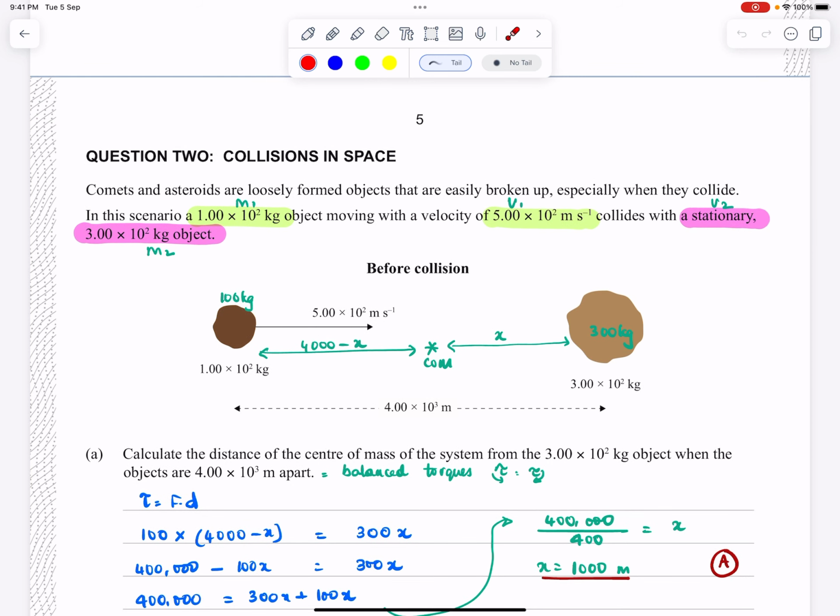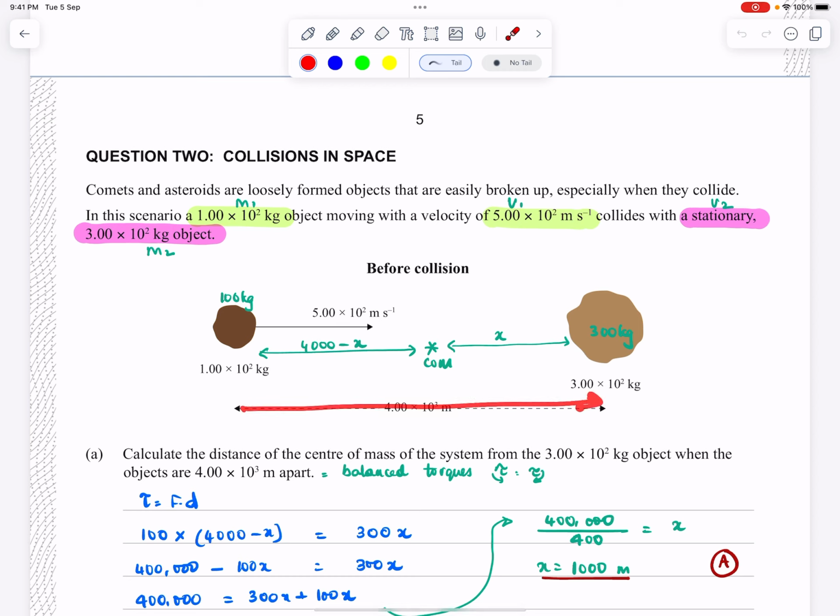Calculate the distance of the center of mass of the system from the 300 kilogram object when the objects are 4,000 meters apart. So this whole thing is 4,000 meters. Assuming this is the center of mass, all distances are from the center of mass, so that is your x, and this is 4,000 minus x.